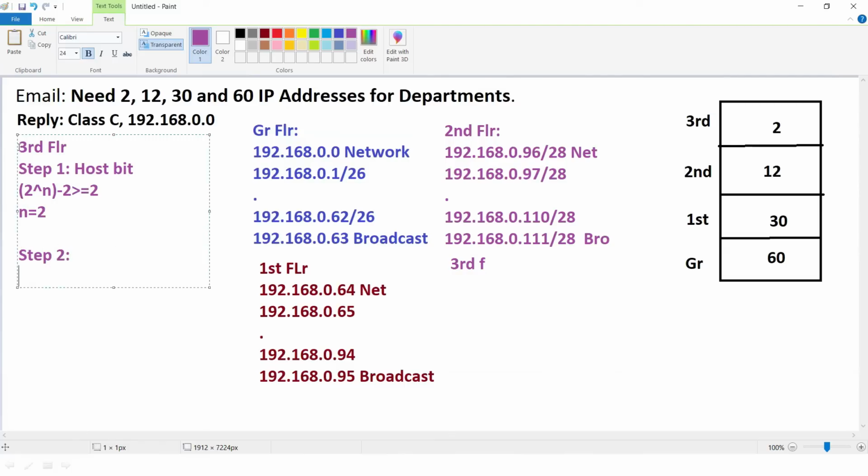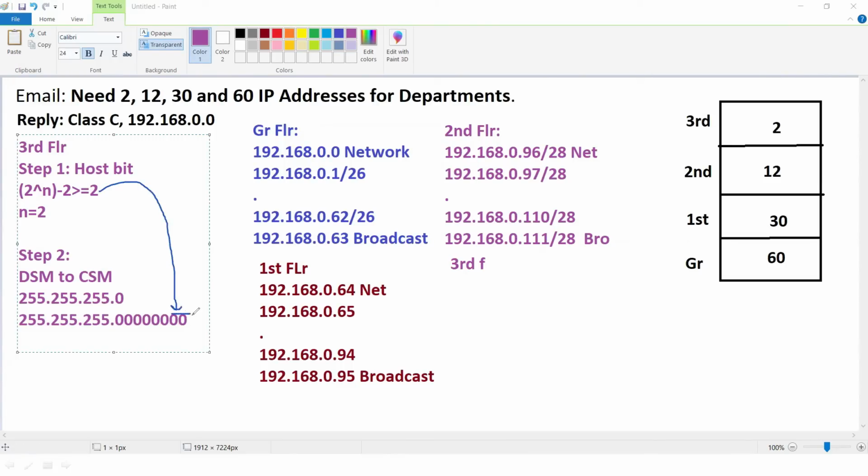Step number 2, that is DSM to CSM, default subnet mask to custom subnet mask. 255.255.255.0 is the default subnet mask. Writing this in bit format, this will be 8 zeros in the octet. Here, according to this, the last two bits will remain 0 and the others will become 1. Let's do the same in this example. This will become 255.255.255.11111100, or 255.255.255.252.